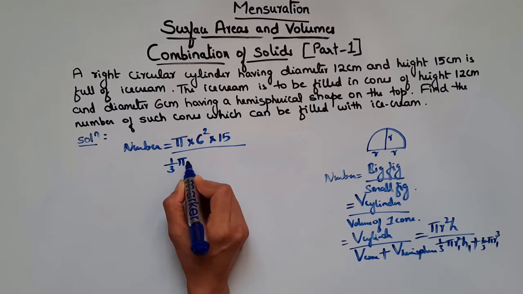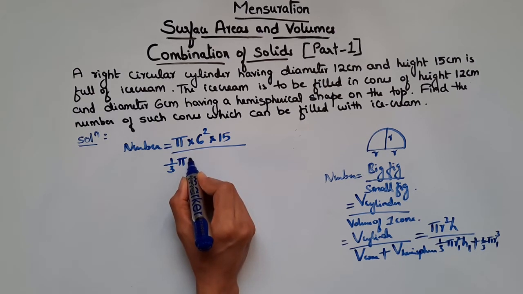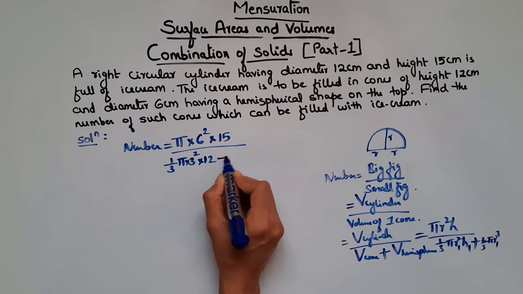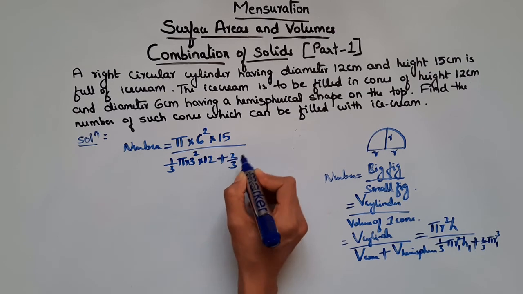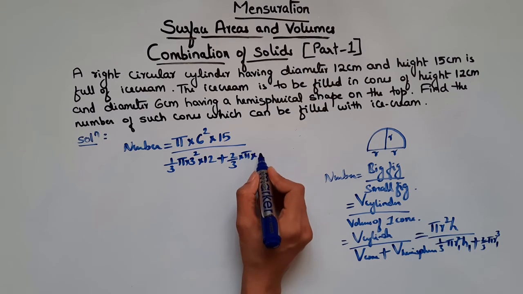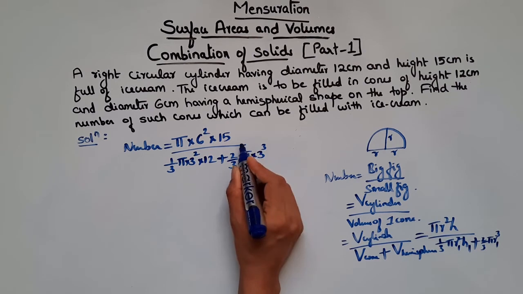What is r1? r1 is 3. So 3 square into, what is h1? The height of the cone is 12, right? Plus 2 by 3 into pi into r1 cube. So r1 is 3, so 3 cube, right?